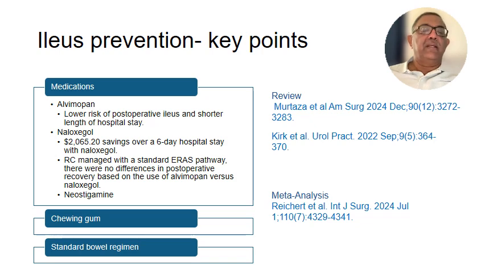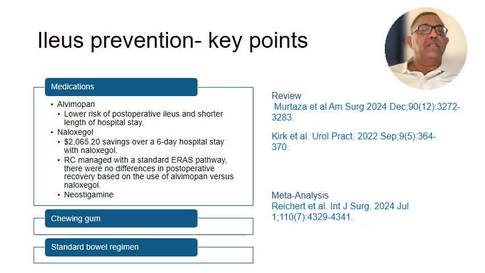So there is another agent which is significantly cheaper, called naloxegol. Naloxegol is a much cheaper option, and it results in a saving of over $2,000 over a 6-day hospital stay compared to alvimopan.